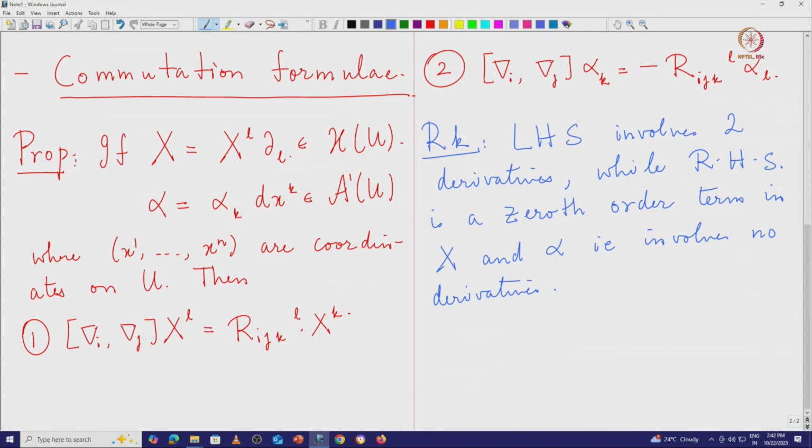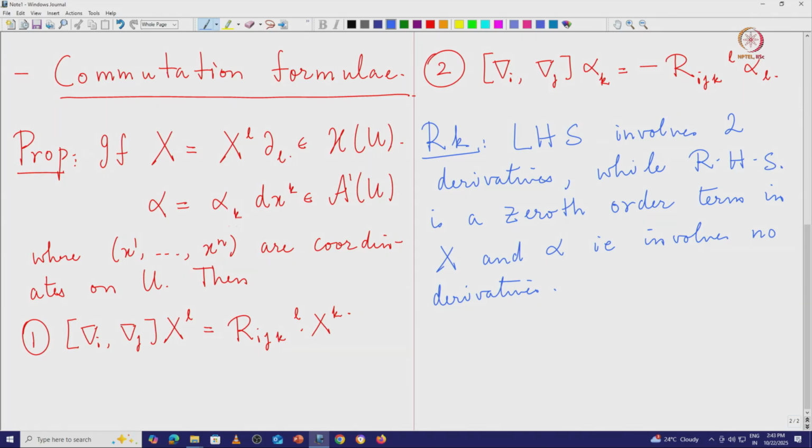So this proposition is a part of this general philosophy that Riemannian geometry is basically Euclidean geometry plus some lower order correction terms. So here when you are applying this commutator on these vector fields and forms, you do not quite get 0, but you get a result that firstly does not involve any second derivatives, it does not even involve any first derivatives.